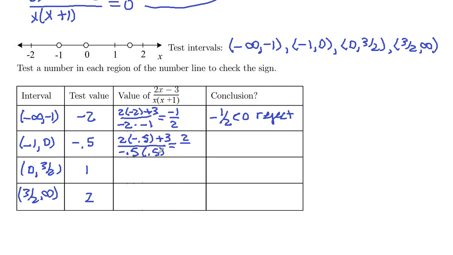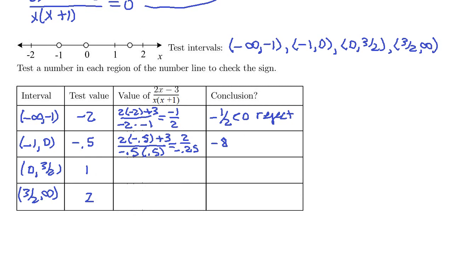In the denominator, negative 0.25. So that's dividing by negative 1/4. That's multiplying by 4. So that's going to be negative 8.